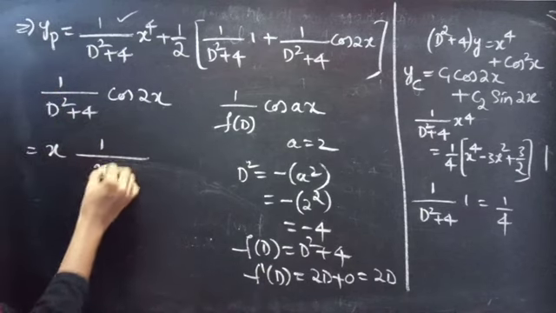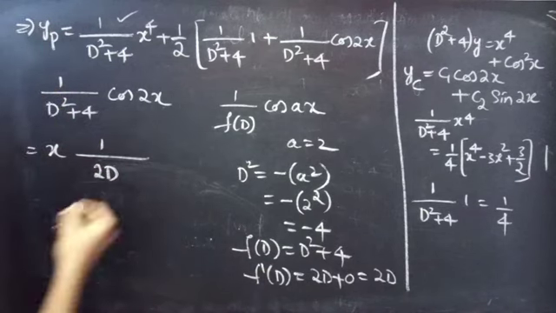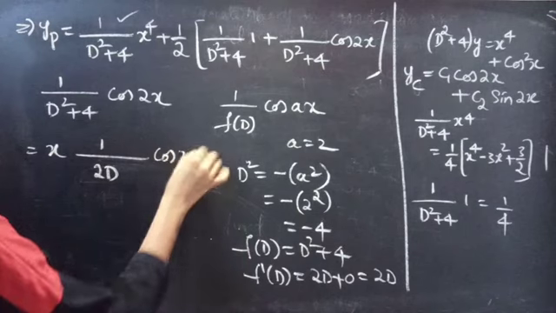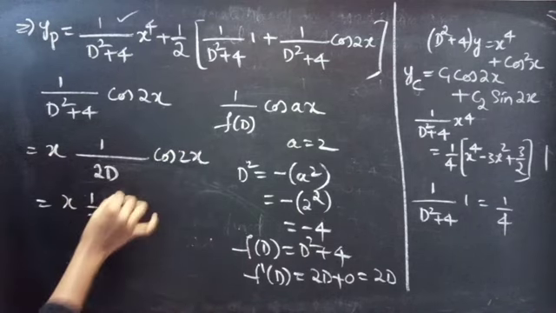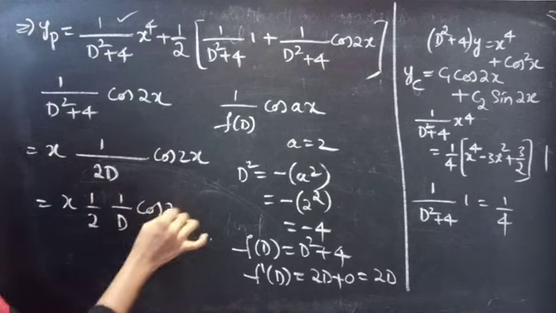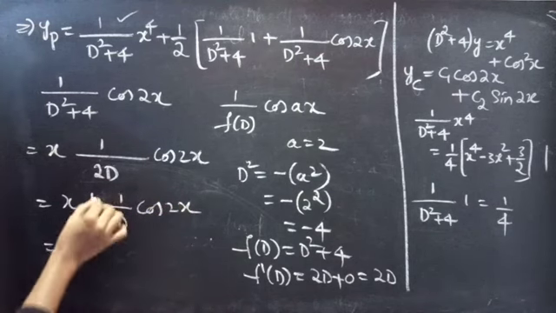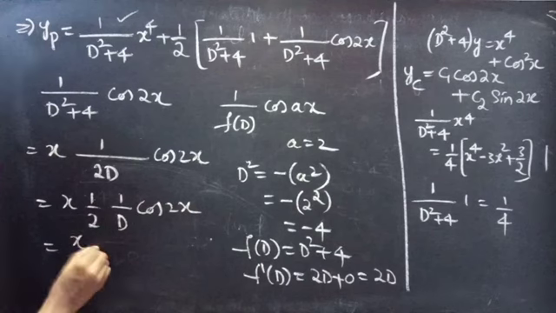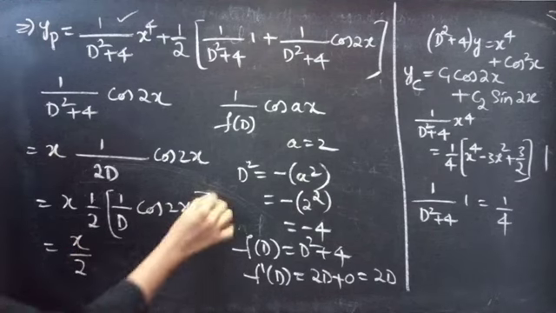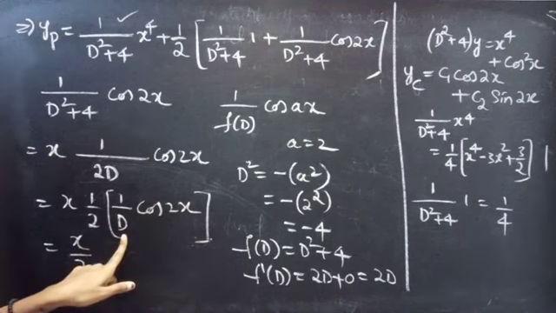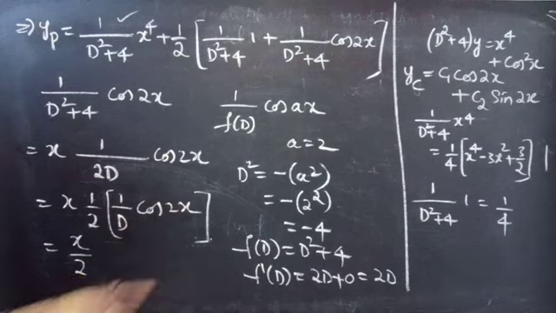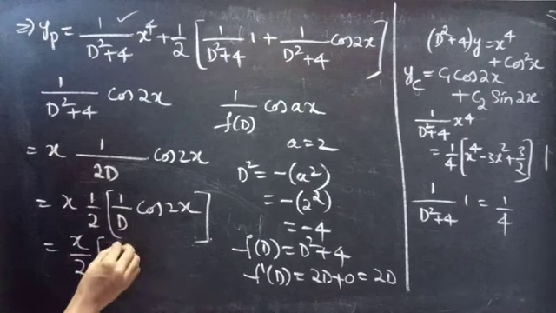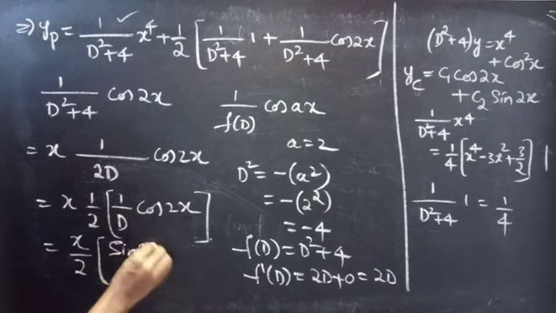Here we need to write 1 by 2D into cos 2x, which is equal to x into, we can split 1 by 2D as 1 by 2 into 1 by D into cos 2x, which is x by 2 into, here 1 by D is an integral operator, so we need to find the integration of cos 2x. We'll get sine 2x by 2.